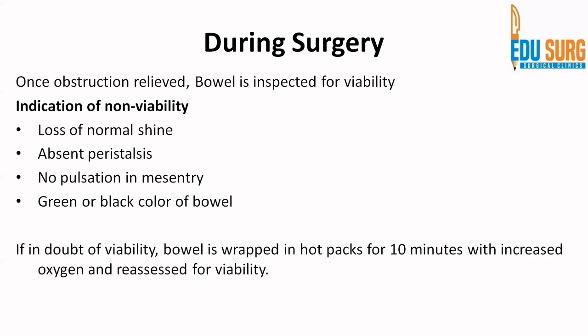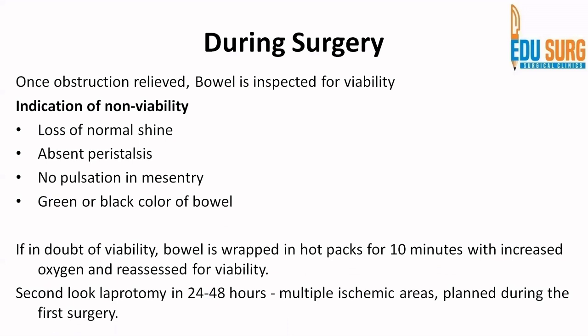If in doubt of viability, the bowel is wrapped in hot packs for 10 minutes and tell your anesthetist to give 100% oxygen. Wait for 10 minutes, then reassess for viability. Second look laparotomy sometimes can be planned during the first surgery in patients who have multiple ischemic areas, and this is usually done in 24 to 48 hours after the first surgery.